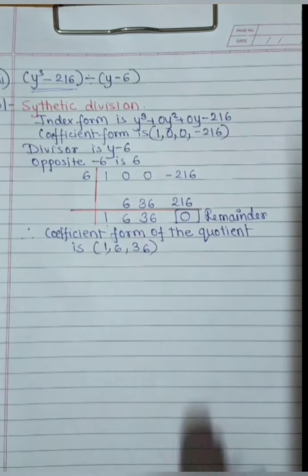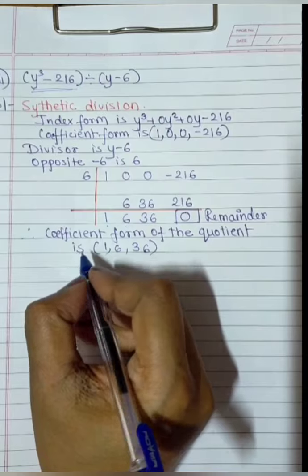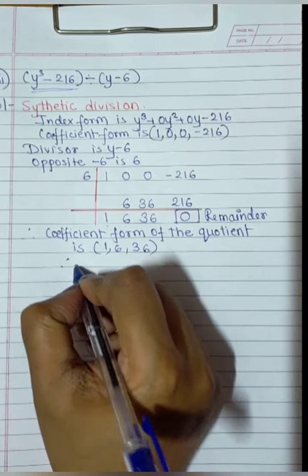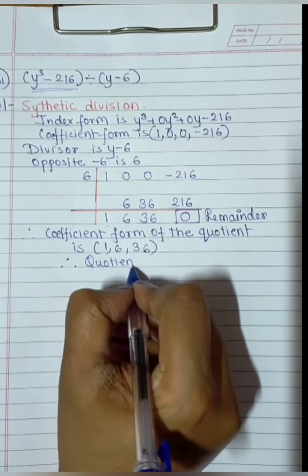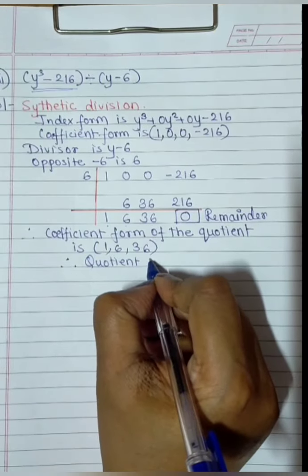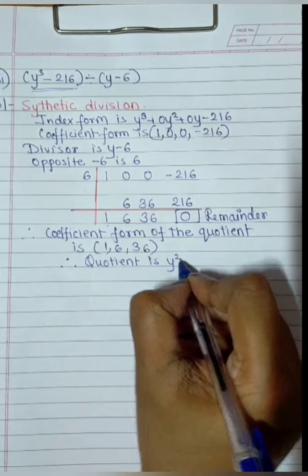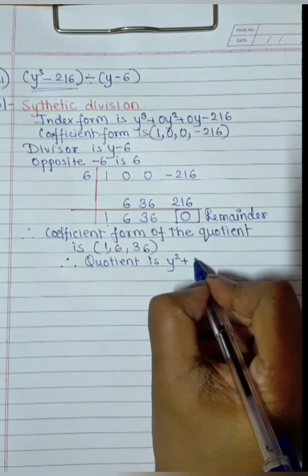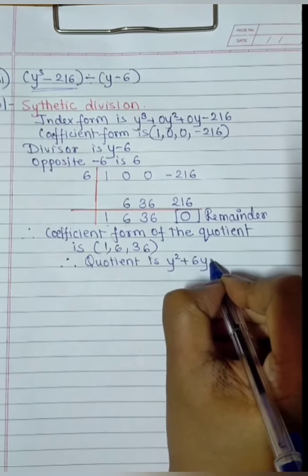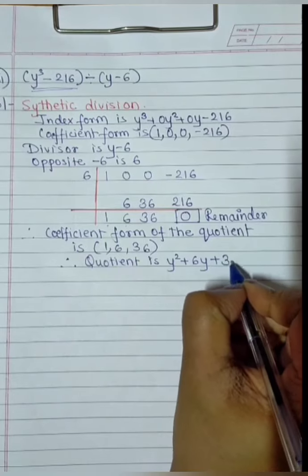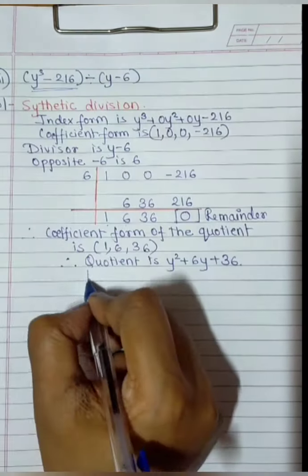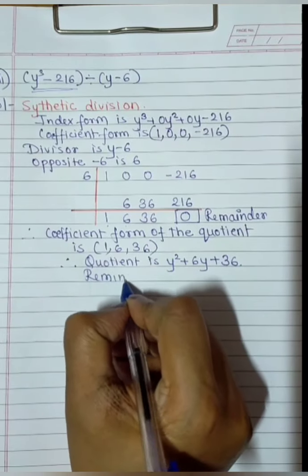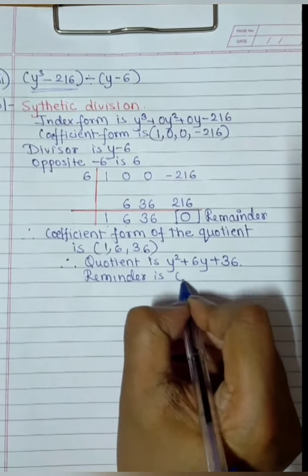Okay, and therefore the quotient is y square plus 6y plus 36 and the remainder is 0.